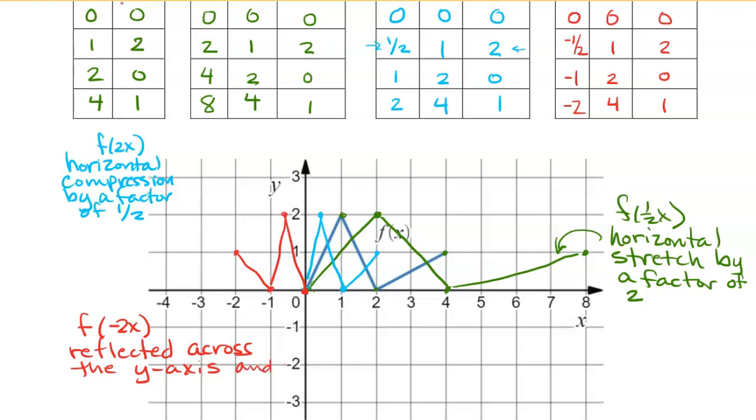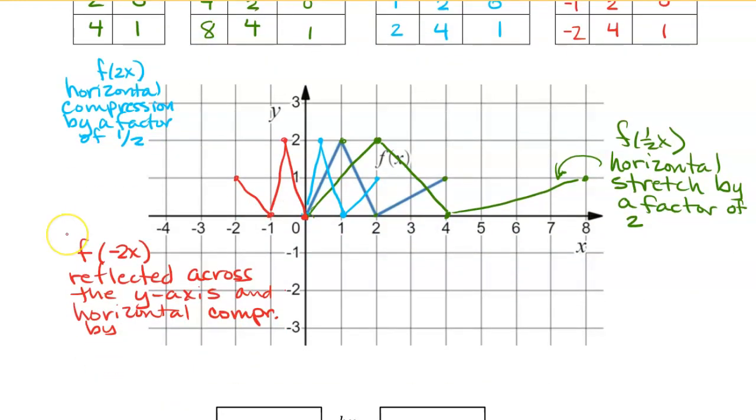So we have a horizontal compression by, I'm running out of room here, a factor of 1/2. Okay. All right, so that's this one, and then this is that one. So you can see it's a little counterintuitive, but it makes sense if you think it through.